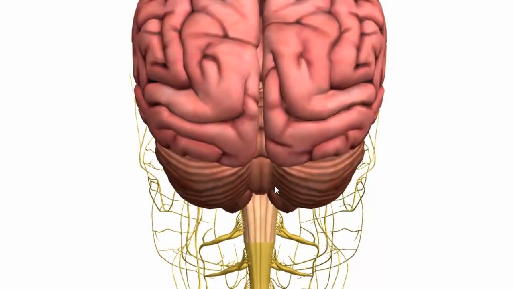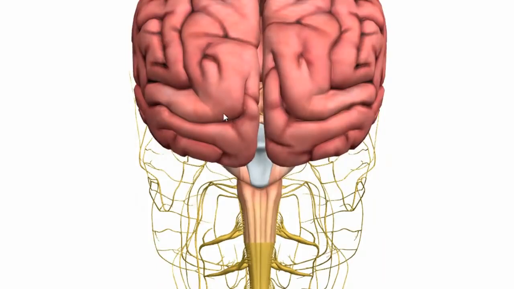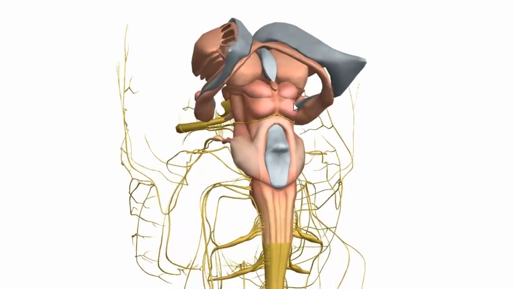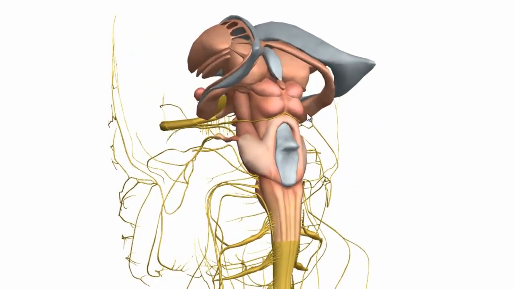If I remove the cerebellum, and I'll remove the hemispheres as well, we can see the midbrain here, and you can identify it by the colliculi. So that's the midbrain, and this is the dorsal surface of the brainstem.